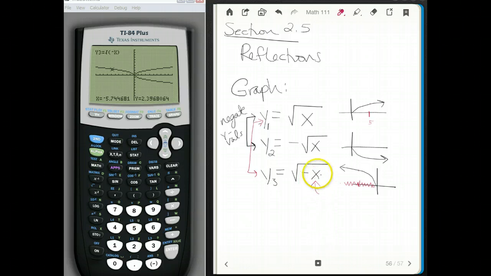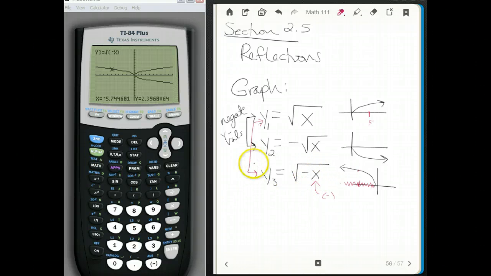When you plug a negative number in for x, that negative sign now makes it a positive number and outputs its square root, right? A positive answer, right? So reversing the sign of the number that you're plugging in allows us now to be plugging in negative numbers here and have it be okay, right?